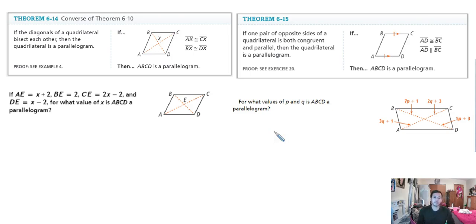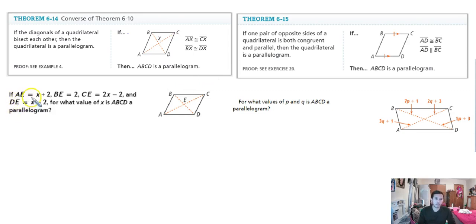So in this example, we have diagonal AX congruent to CX and diagonal BX congruent to DX. Then ABCD is a parallelogram. Now let's apply that in this example.